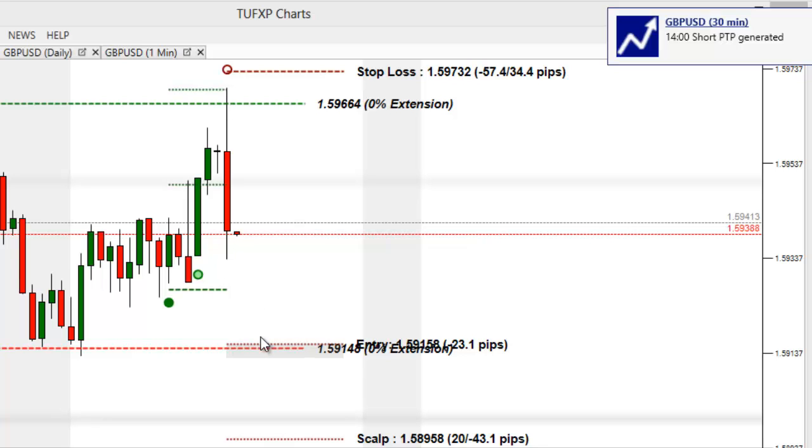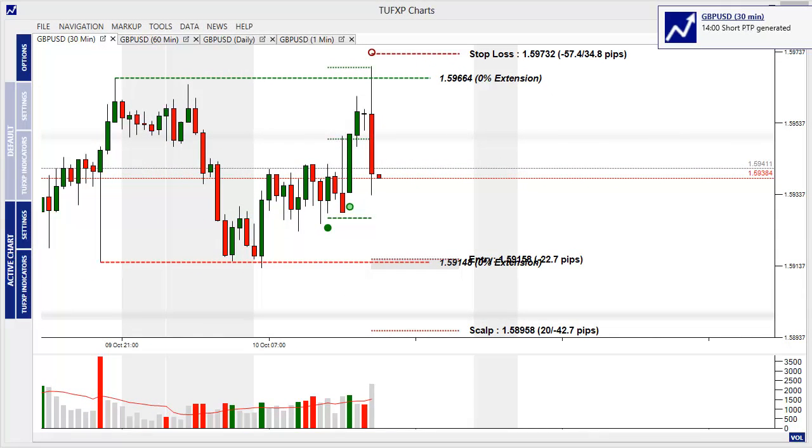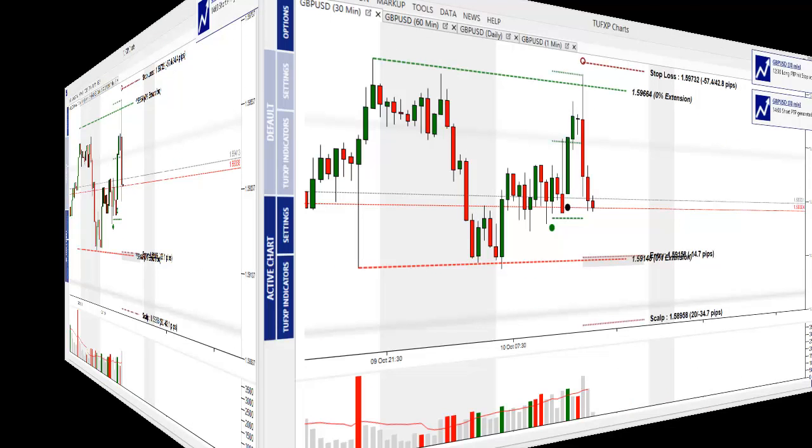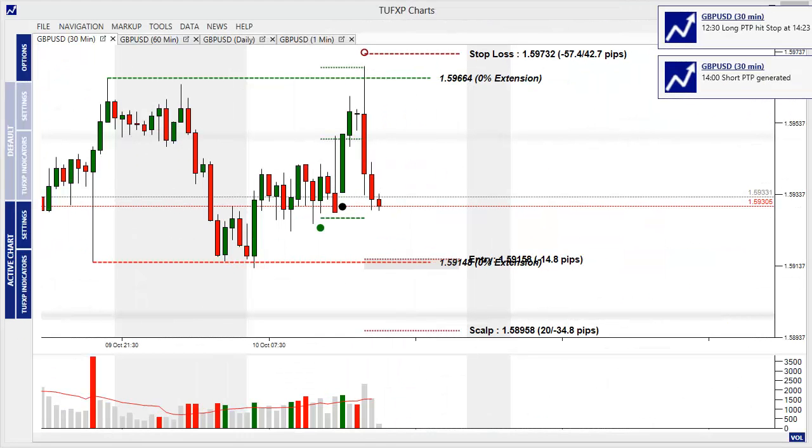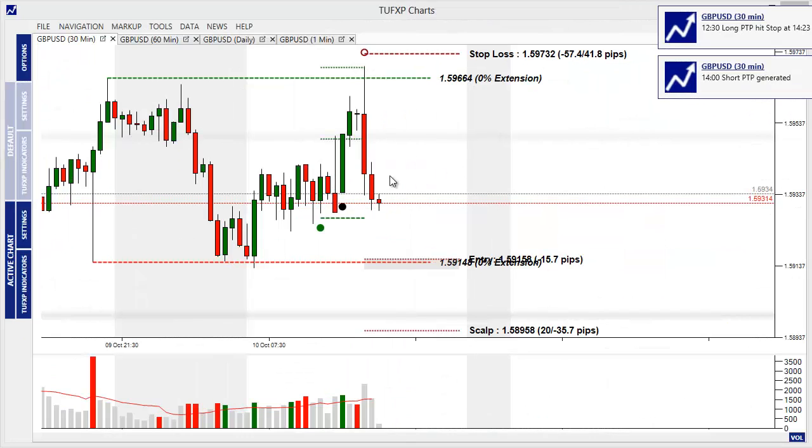This has turned up. Once again, it's a case of having to follow the market, see what the market throws at us. I'm not in the market at the moment, I'm out. And another half an hour later, we see the market sideways and then finding support at this area.